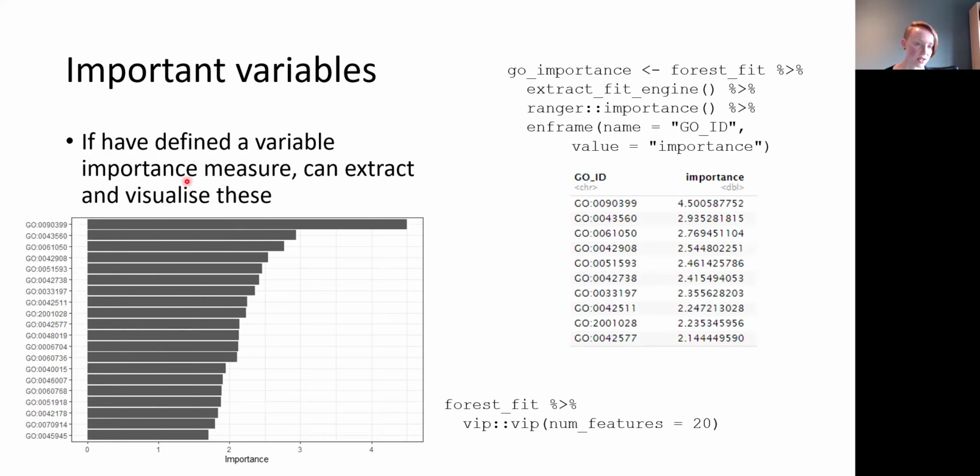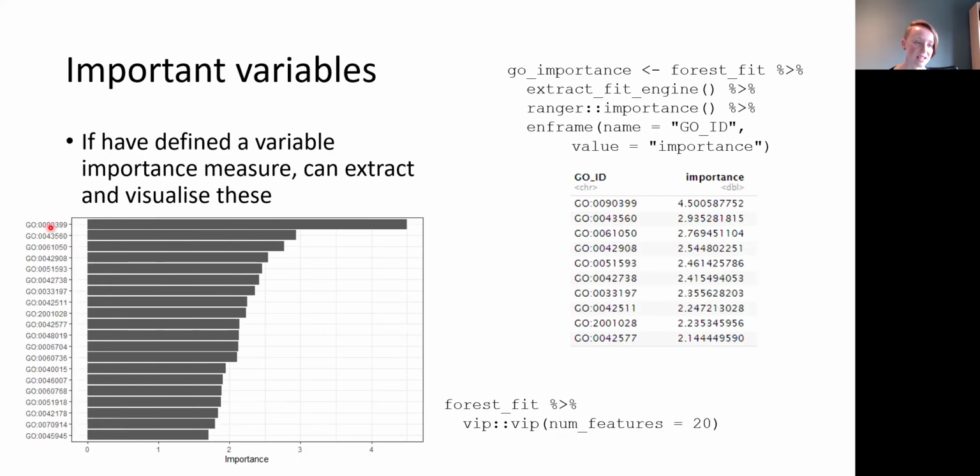So if we've defined this variable importance measure, we can extract them in a few different ways. So we can visualize them on a graph that looks like this using the VIP package by just passing our particular fit model into this, and we can set a number of features to plot, however many numbers of GO terms we so wish at this point.